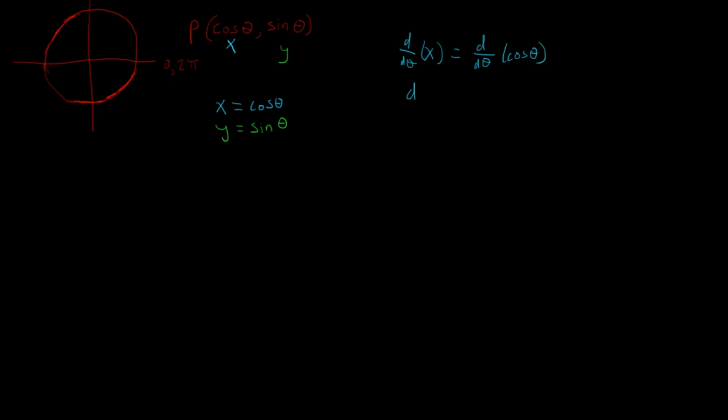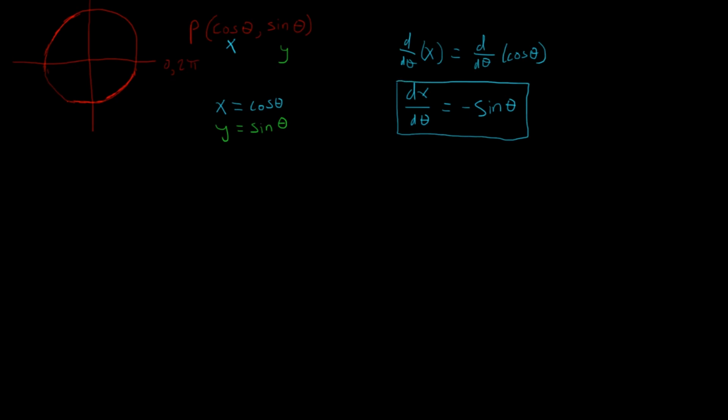So this is dx with respect to theta, and the derivative of cos theta with respect to theta is just negative sine theta. So we've got one of the pieces that we need for our formula.